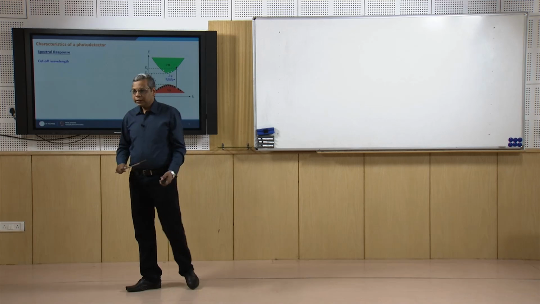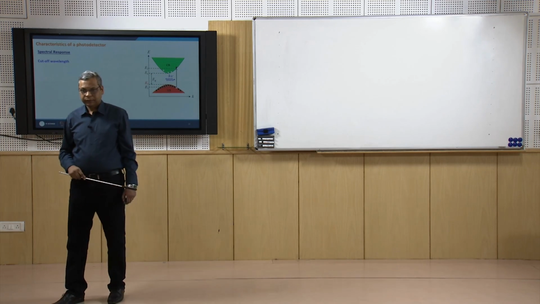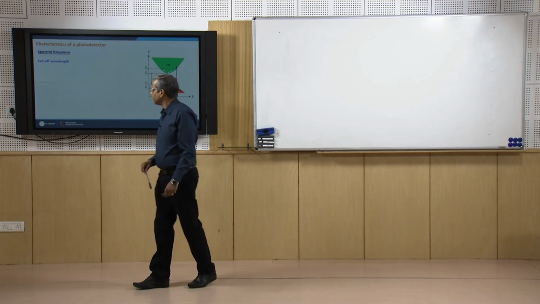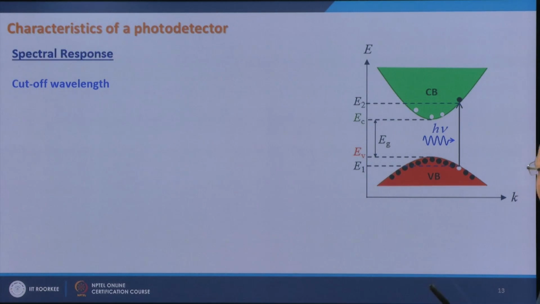What wavelengths would be detected by a particular material of a photodiode? For that, if I look back at this E-k diagram, only the photons which have energy larger than the band gap energy can create electron hole pairs.